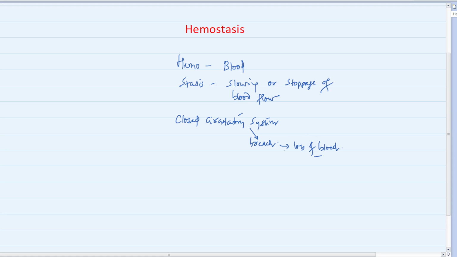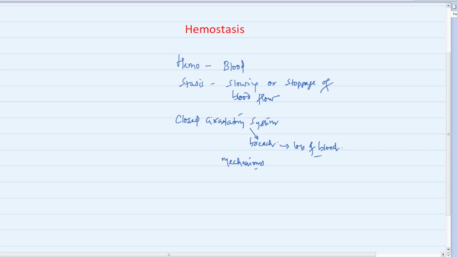No. So the body has inbuilt mechanisms that prevent that kind of eventuality within physiological limits. And that is what one studies when one studies hemostasis.